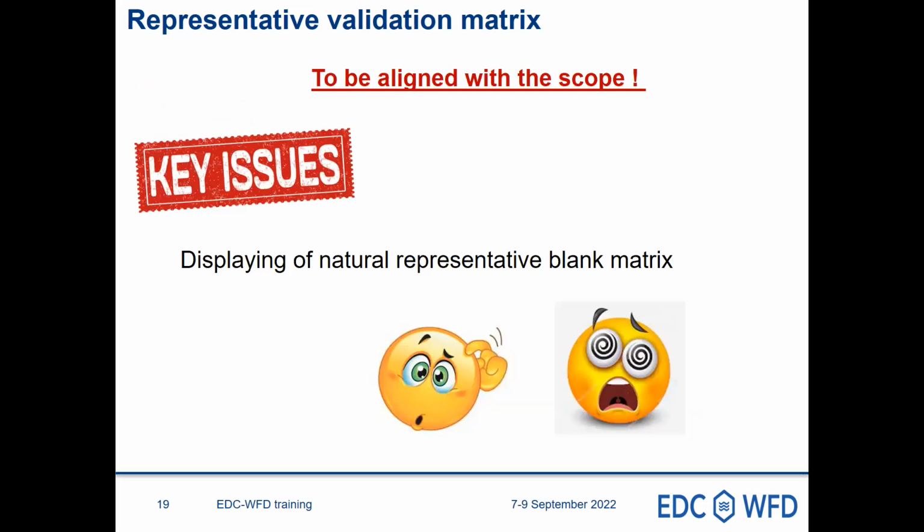So now, key issue: displaying of natural representative blank matrix and how to manage that in a project involving 8 partners coming from different countries, with, furthermore, this COVID context, which drastically impacted all the synergy within the project, because we were all facing COVID issues at different times.